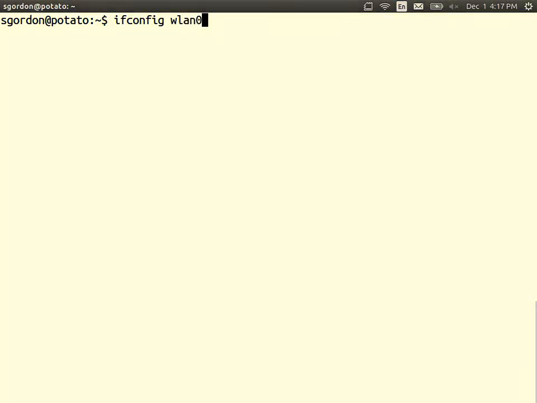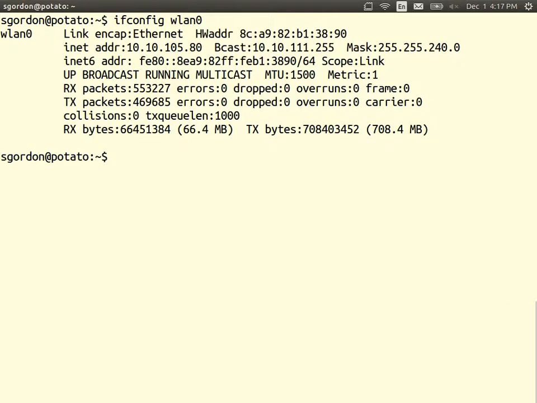So I'm using Wi-Fi on my laptop, and if I look at the configuration of my wireless LAN interface, it has an IP address 10.10.105.80, so you can convert that to binary. As part of the configuration, it also tells me, among other addresses, the subnet mask, just listed here as the mask.